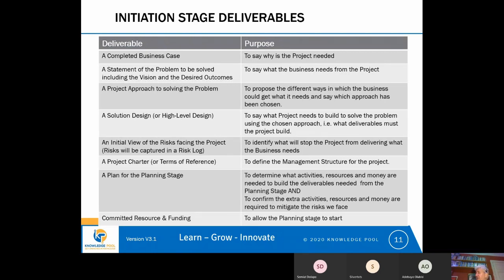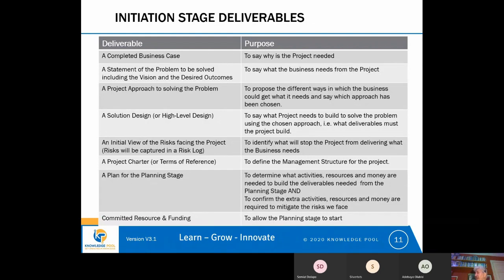And if there is going to be a steering group, it will say what the steering group can decide, what the sponsor can decide, and perhaps what those decision-making groups can't do. So they may give the sponsor a limit on money that he can spend on the project.